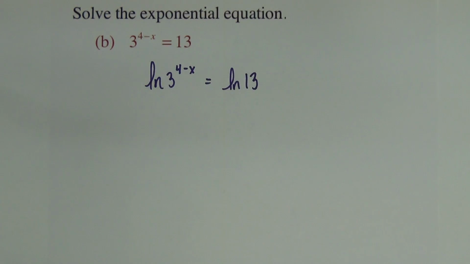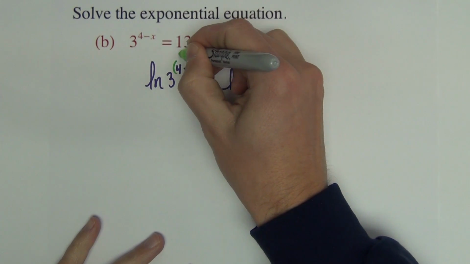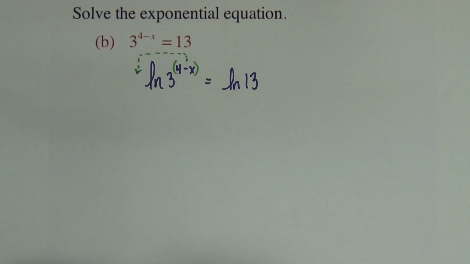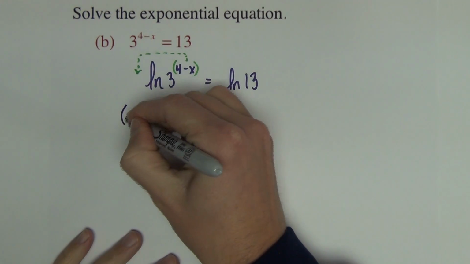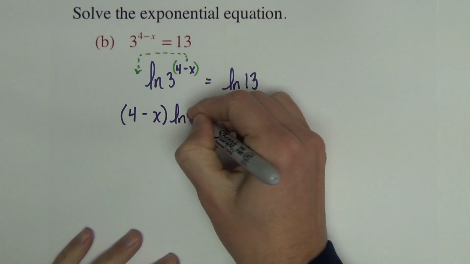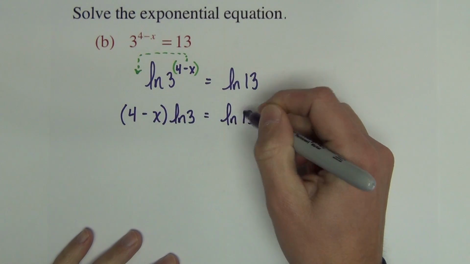Now the difference between this and the last problem is that the natural log doesn't cancel out the 3. The natural log just allows us to take the exponent 4 minus x and move it to the front of the logarithm, as we have a log property that allows that. So we have the quantity 4 minus x times the natural log of 3 equals the natural log of 13.